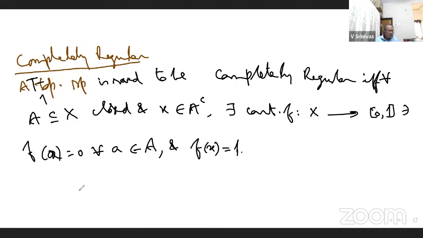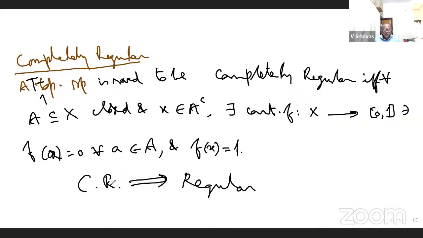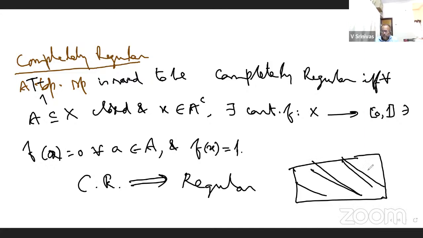Complete regularity implies regularity in a topological space. If you look at the regular topological spaces, they will be containing completely regular spaces. If you call these completely regular topological spaces, CR spaces, they will be sitting inside regular spaces.